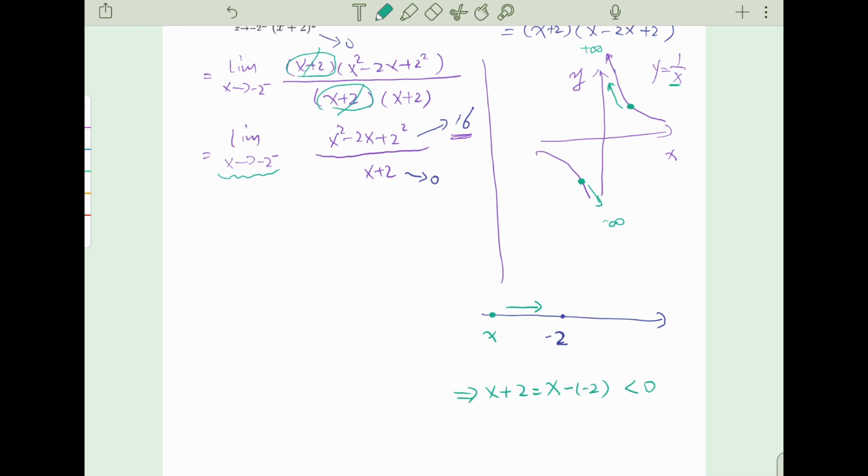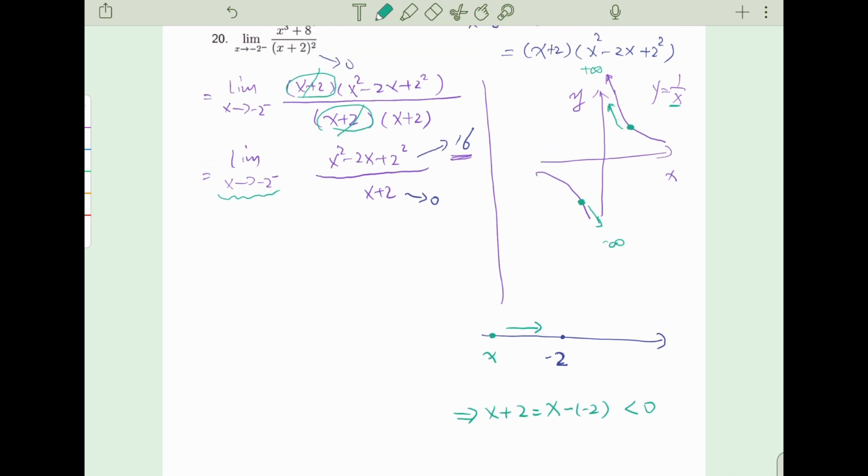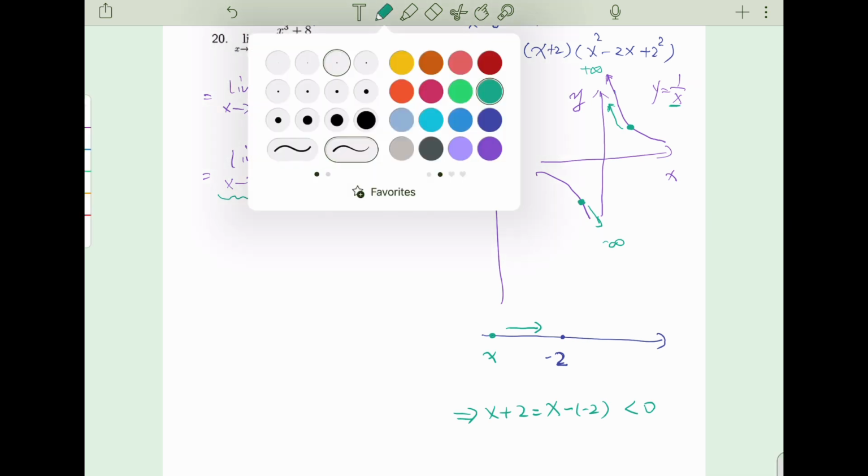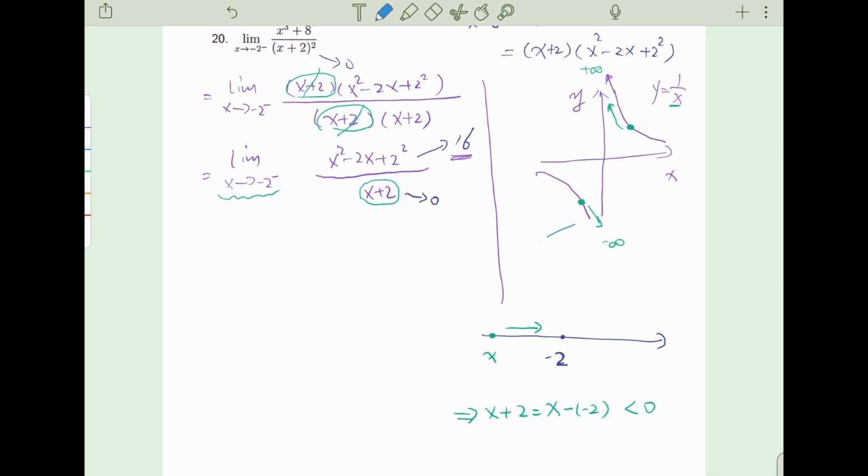x plus 2 can be written as x minus negative 2. x is less than negative 2, and now you're using x minus something greater than x. So the subtraction will be less than 0, right? So we see that this guy here is negative, and we know it's going to 0, so it's going to 0 from the negative side, just like this part here.